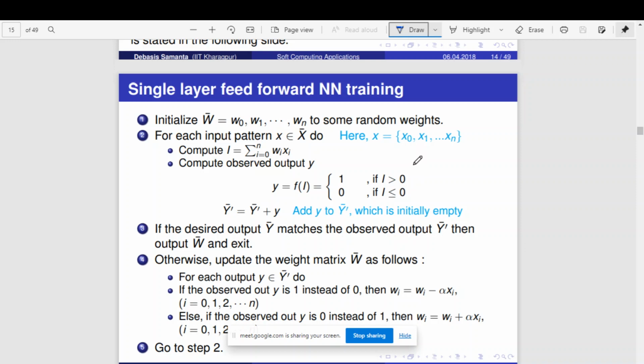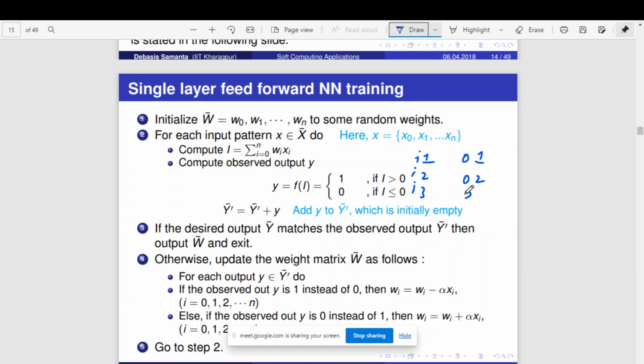For example, for input 1 the observed output is O1, for input 2 it is O2, for input 3 it is O3. Like that, for every input we have an observed output, and this entire set is called y dash bar.